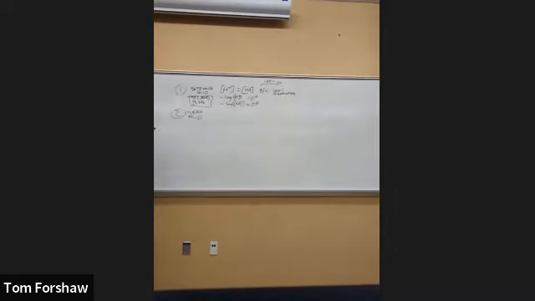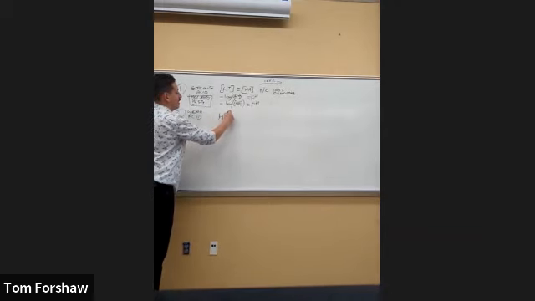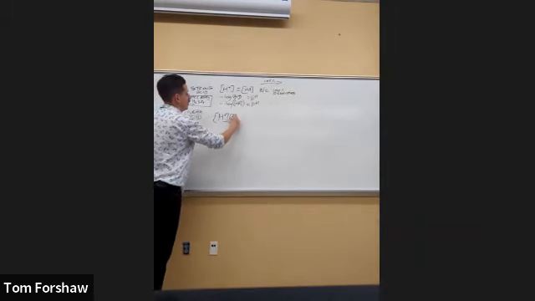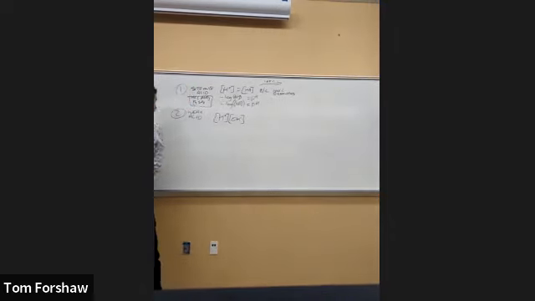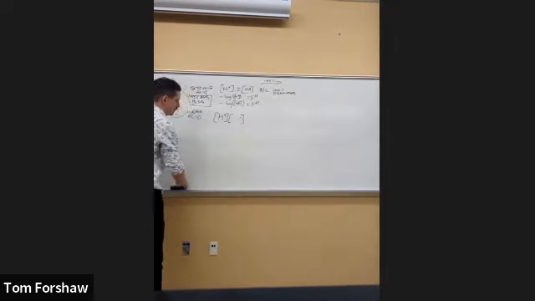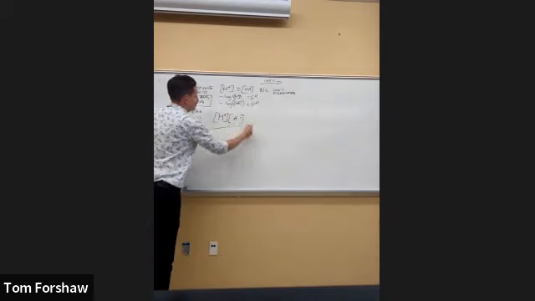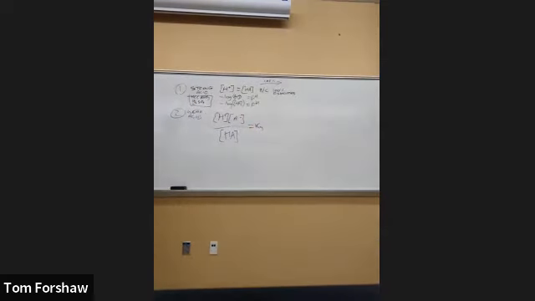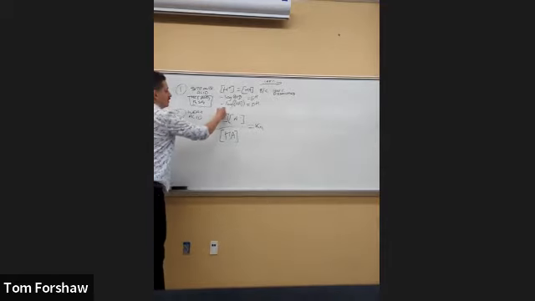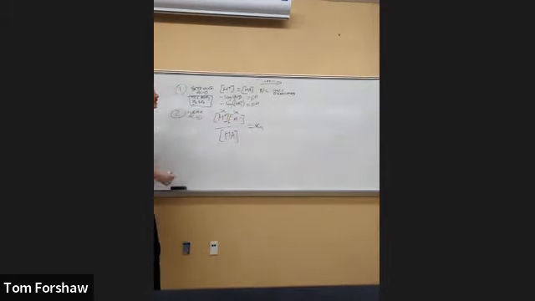For number two, the weak acid, we have that equation: H plus times A minus divided by HA equals Ka. And we know that these are going to be the same.